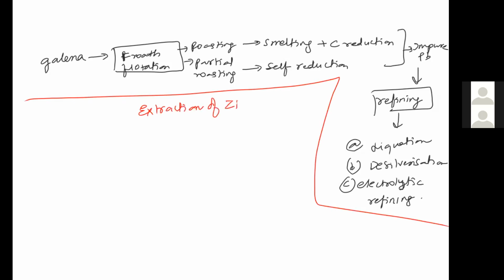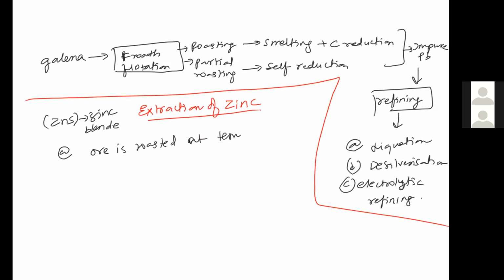Zinc, from ZnS, zinc blende. The ore is roasted at a temperature of 1200 with excess air.